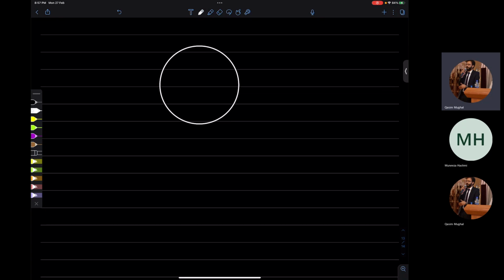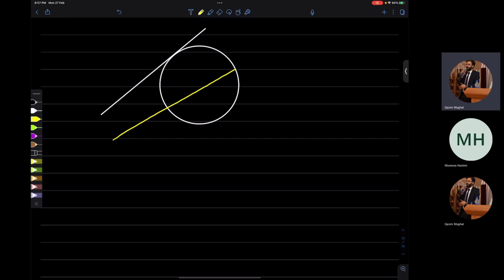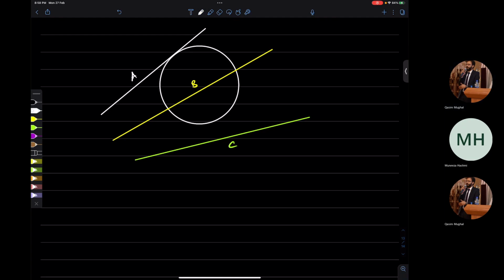Now let me just draw three different lines here. This is line A, which is a white line. This is line B, which is a yellow line. And then I've got a green line, let's just call it C. Now, what can you say about the three lines here?